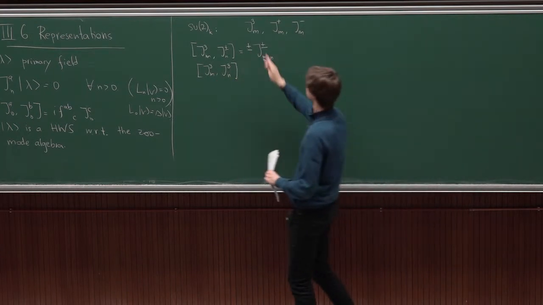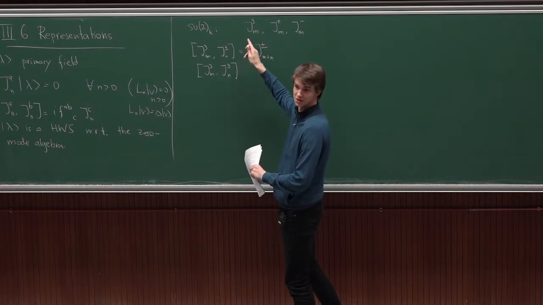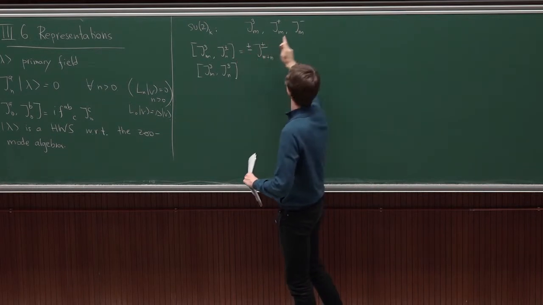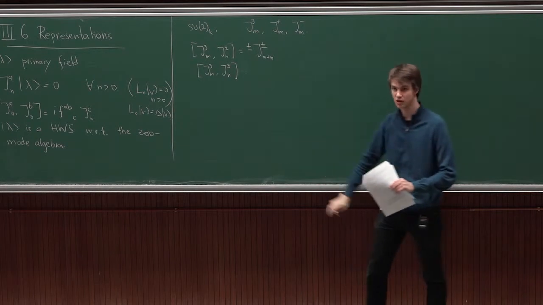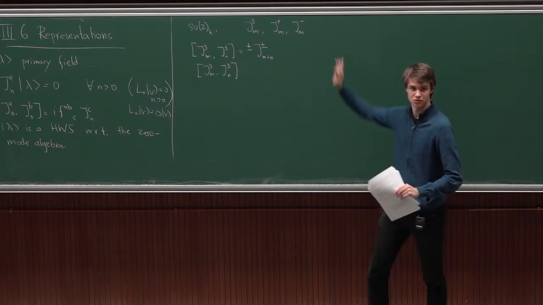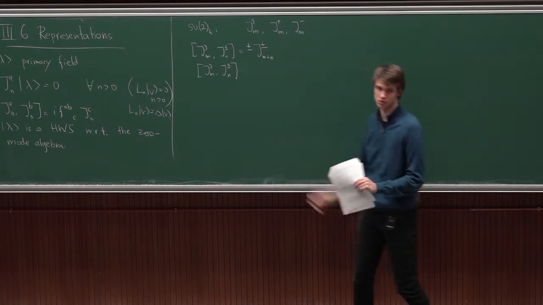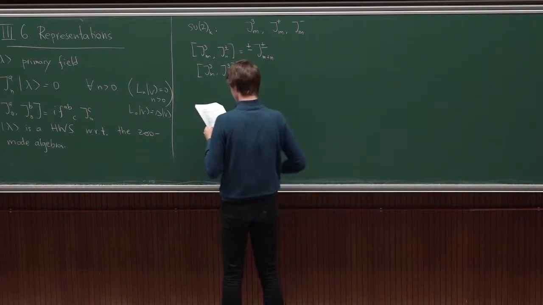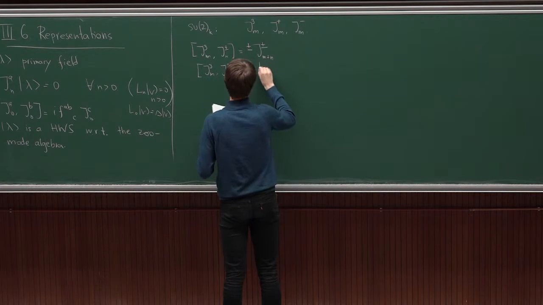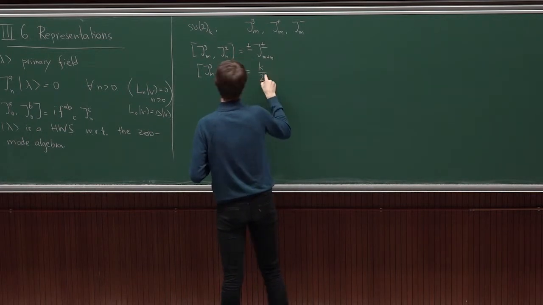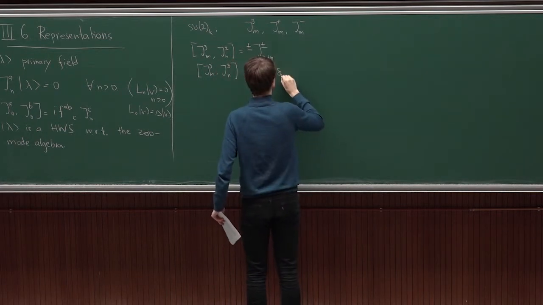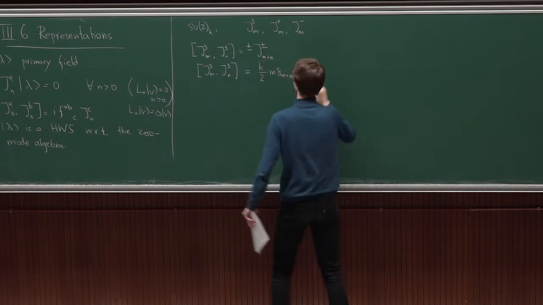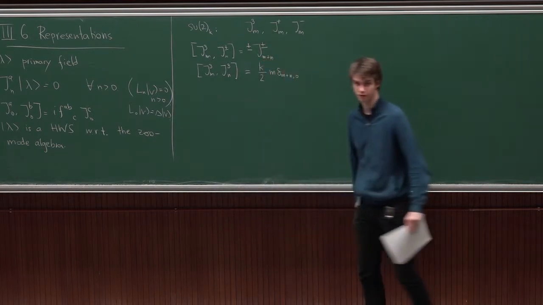Okay? This would be the basis you know of SU(2), the J1, 2, 3 basis, and then you introduce J plus, which is J1 plus i J2, the raising operator, and the lowering operator. So this is a different basis. Here the J3 with J3 commute, but they have now a central term, which in this normalization is k/2, but there's no f^{ABC} term here.